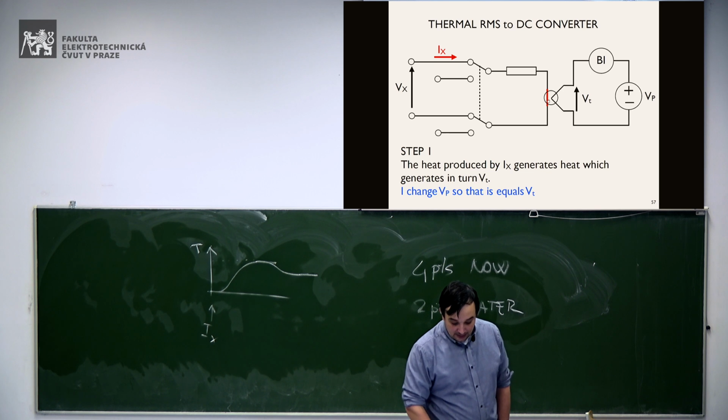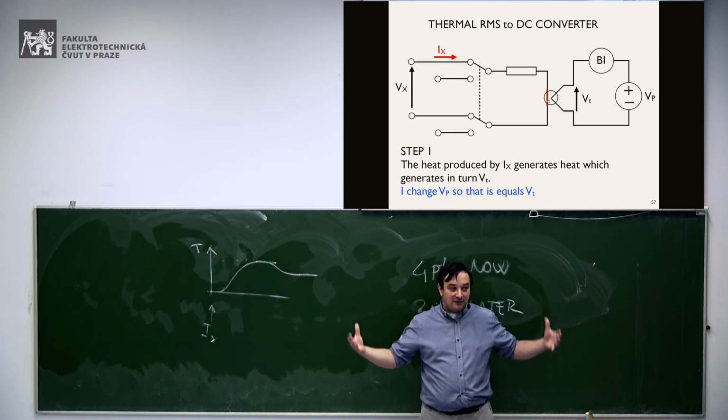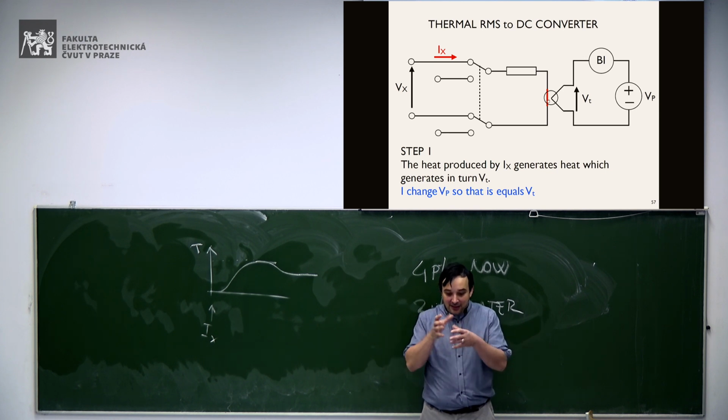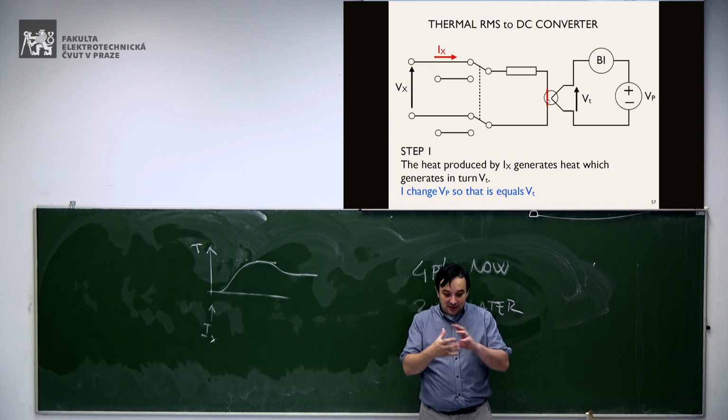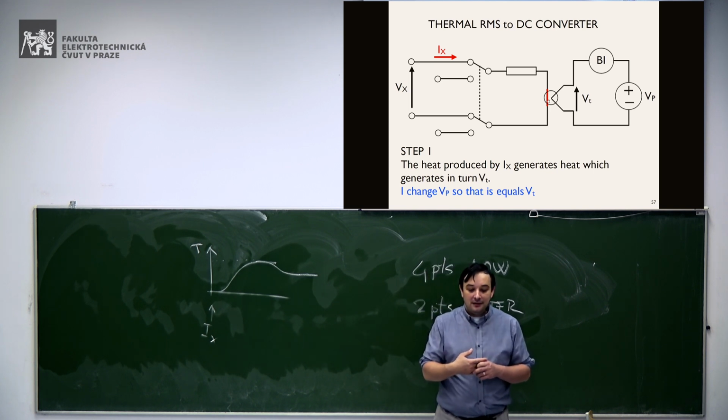Ix will create a heat which is released to the environment somehow. Then you can try to confine it, you can try to isolate it in a specific place. Fine.